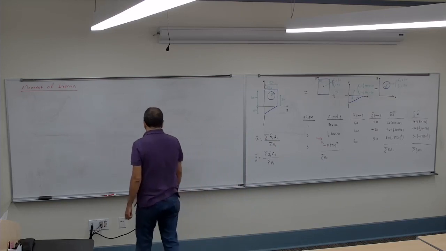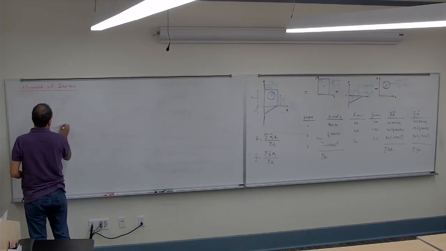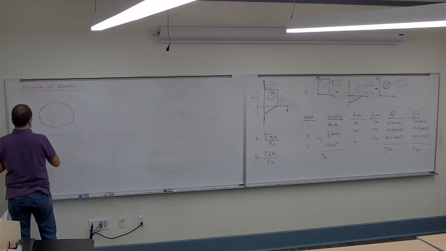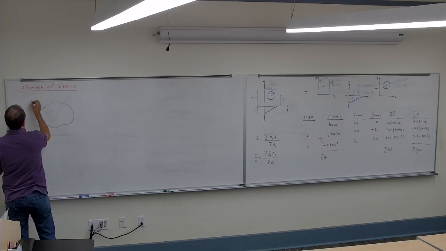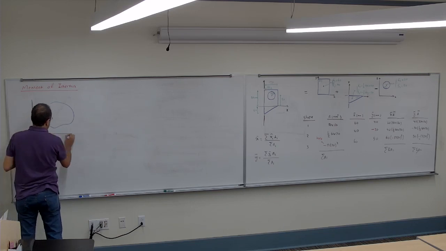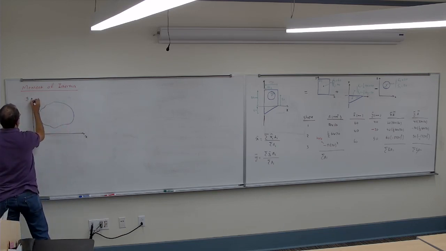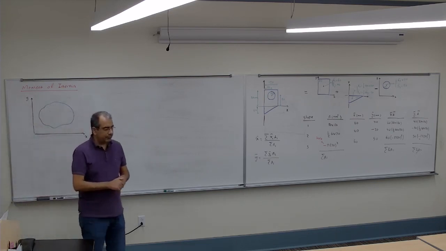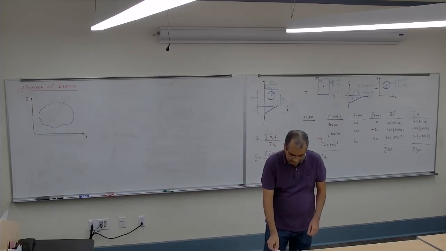It is similar to what we had before, so I assume I again have a shape, a cross section looking like this, with X and Y. And we'll want to find the moment of inertia about the X-axis or Y-axis.